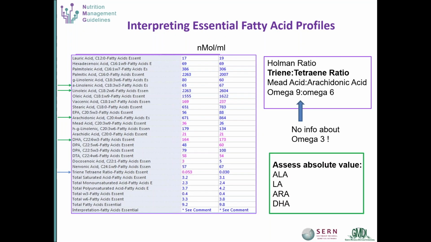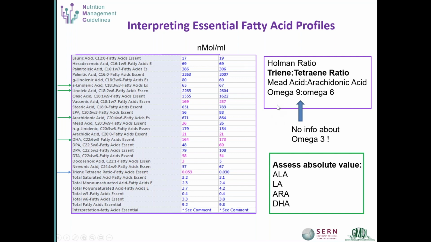So when interpreting essential fatty acids, we feel the most important things to look at are the absolute value of arachidonic acid, DHA, alpha-linolenic acid, and linoleic acid. Using either plasma or red blood cell values is acceptable.